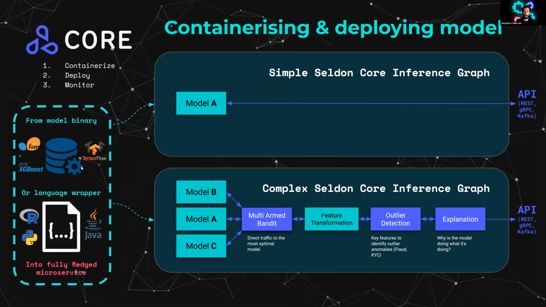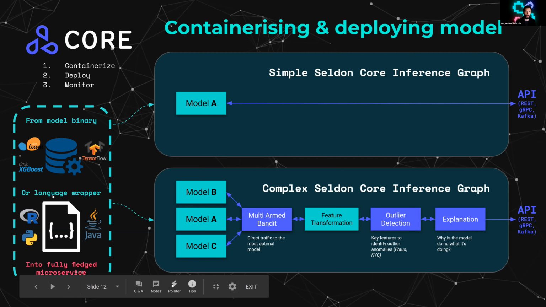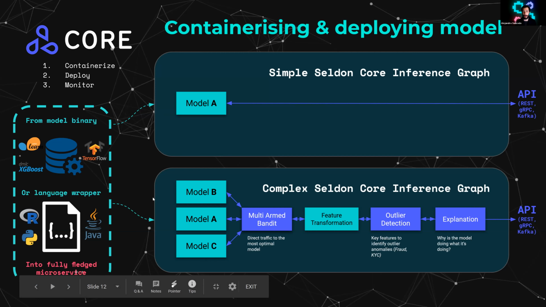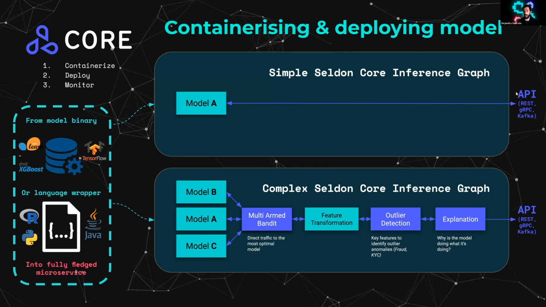You can do this either with the prepackaged model servers, which provide optimized processing for TensorFlow, scikit-learn, the usual suspects, or if you have something super custom and you want to, I don't know, wrap a DataRobot model or an H2O model, a Java-based or C++ based component, you can use the language wrappers to convert that specific component into a fully fledged microservice with a REST, gRPC, and Kafka API.